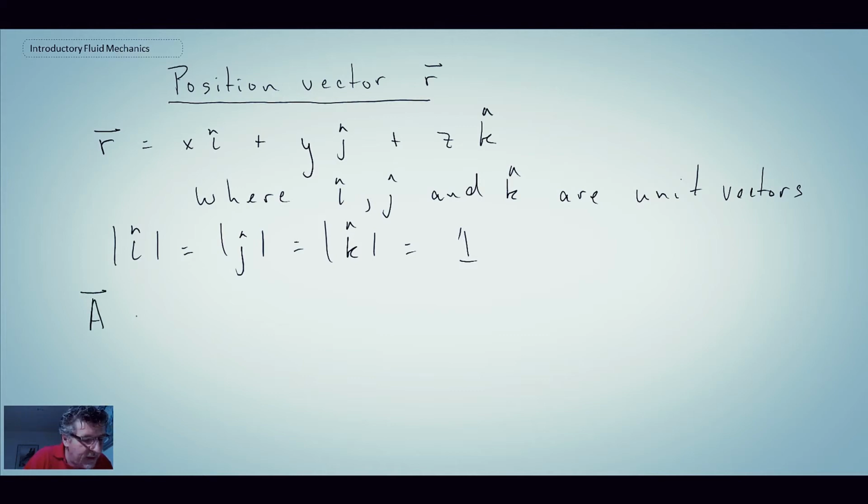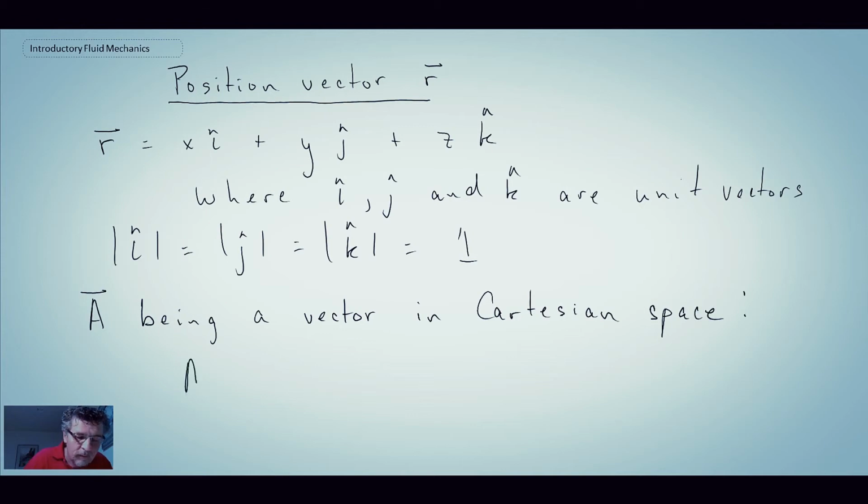Let's say that we have some vector, A, and so A is going to have a scalar value in the i direction plus a scalar value in the j direction plus a scalar value in the k direction.